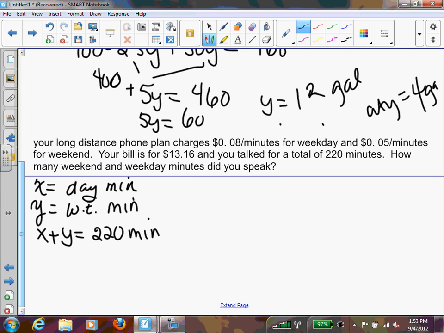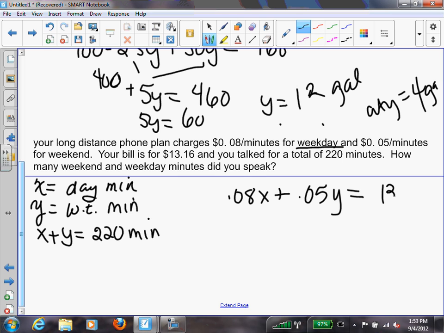So what kind of an equation am I going to write? Not yet. I've used all the minute information. So 0.08x plus 0.05y is going to equal there.